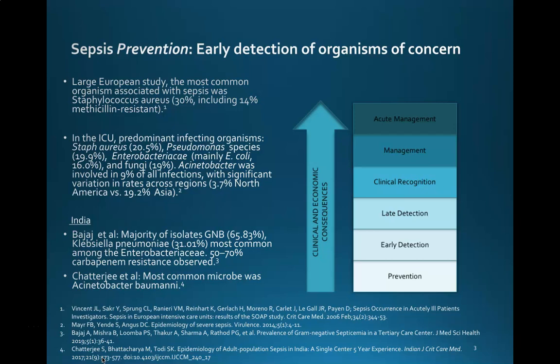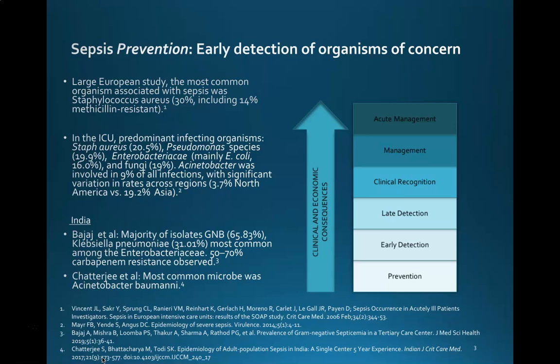In another large study, it was found that in the ICU, the predominant infecting organisms were Staph aureus at 20.5%, Pseudomonas species at almost 20%, and Enterobacteriaceae, which was mainly E. coli, at 16%, with fungi at 19%. Acinetobacter was involved in 9% of all infections, and they found significant variation across regions, with a significantly higher proportion being Acinetobacter in Asia at over 19%.